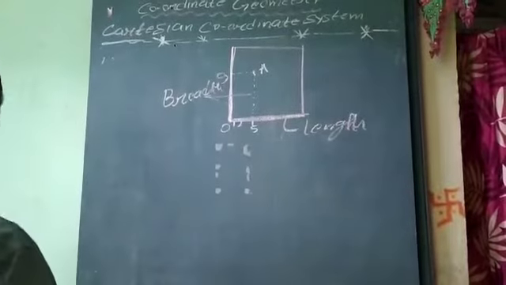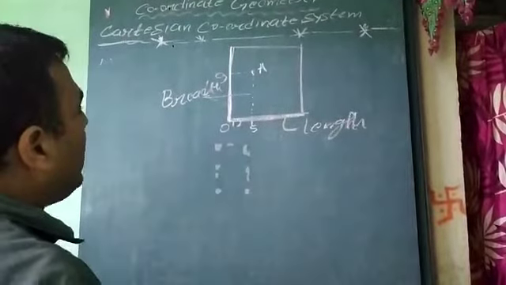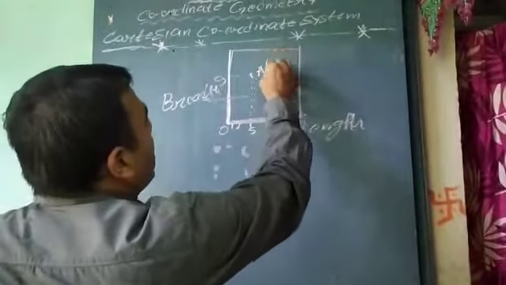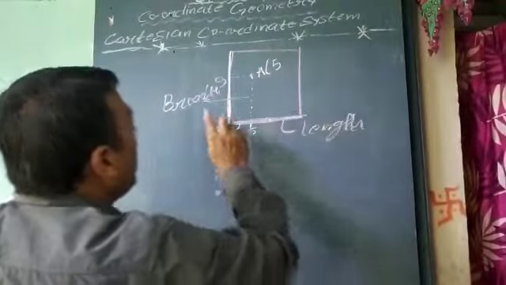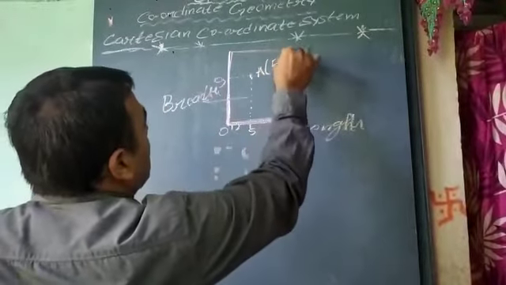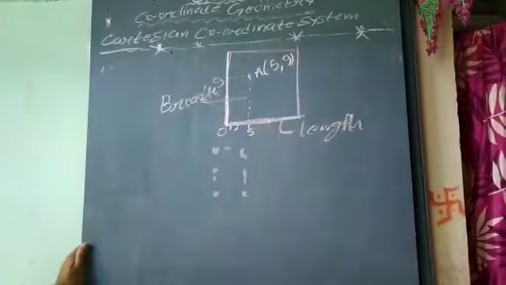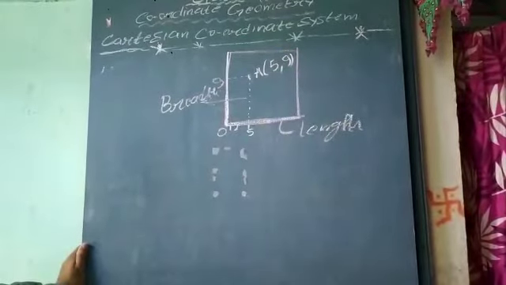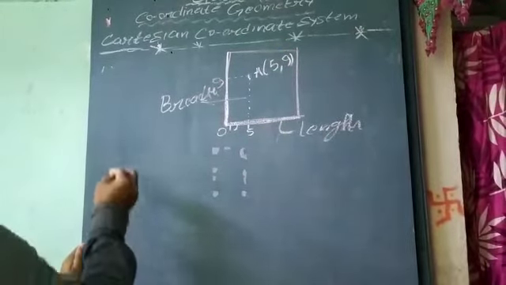Now A can be denoted by 5 and 9. So the coordinate of a point.